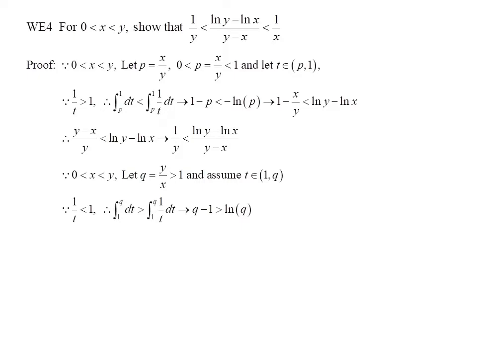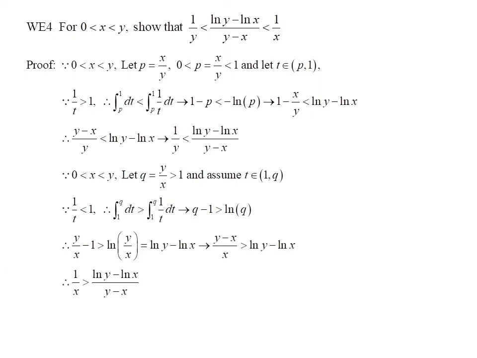Hence, the integral from 1 to q of dt is greater than the integral from 1 to q of 1 over t dt, which gives q minus 1 is greater than ln of q. After substituting y over x for q, we have y over x minus 1 is greater than ln of y minus ln of x.